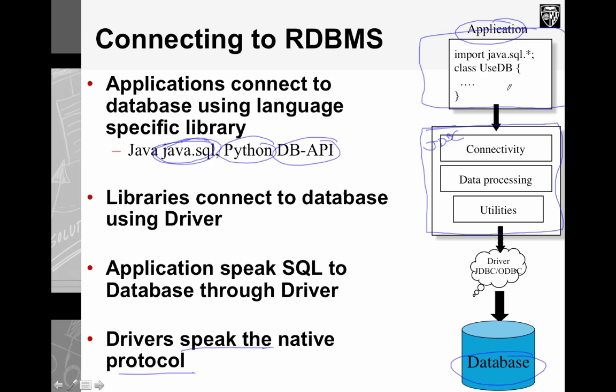And so when a client is writing an application talking to a database, and the database can be a MySQL database or a Postgres database or a SQL Server or an Oracle database, since every database has a native tongue associated with it, you need what is called a driver, which is a translation logic that translates the application library into the native speak of the database.